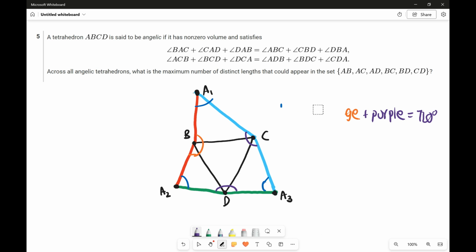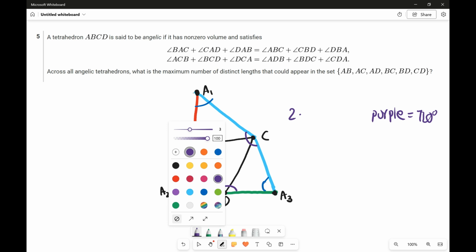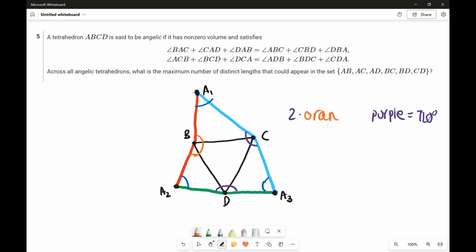So we have that 2 times the orange angle plus, and for the purple, we know that it is just twice of that one angle. So it's 2 times purple 1, and that's equal to 720 degrees.